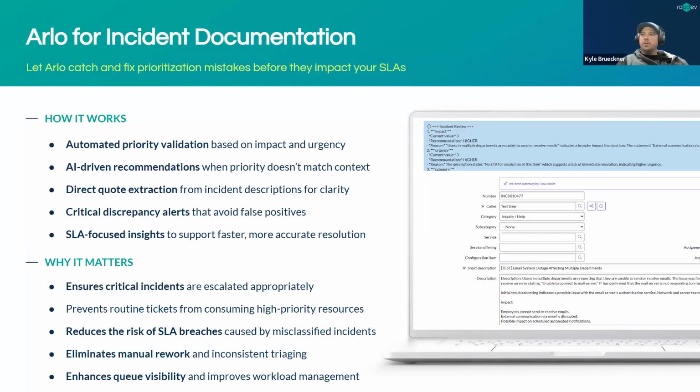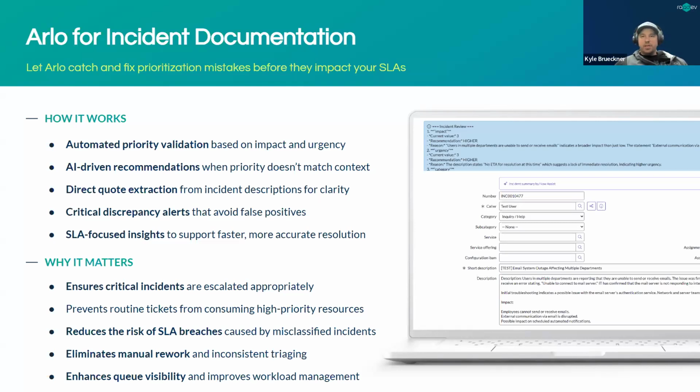But they're also enabled to be driven by human click, functional interaction. Maybe it's a UI action. So for example, if that UI action is clicked for the Arlo for incident documentation on an incident record, it will analyze the fields on the incident and find discrepancies within those values based on the context that's provided.